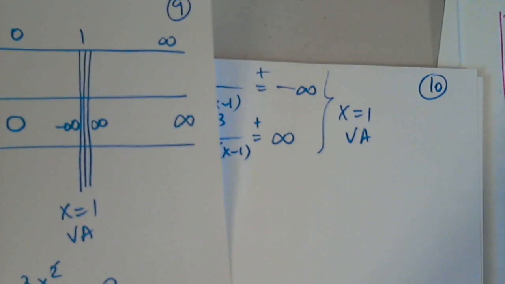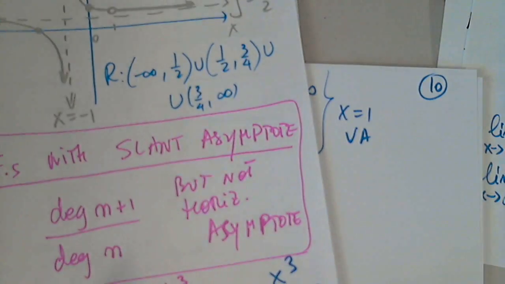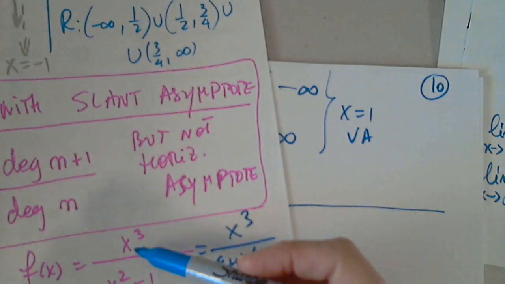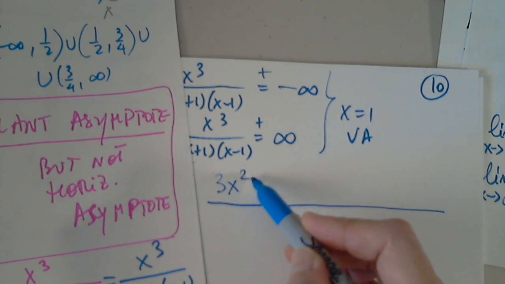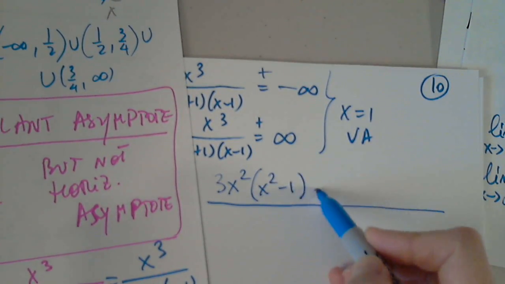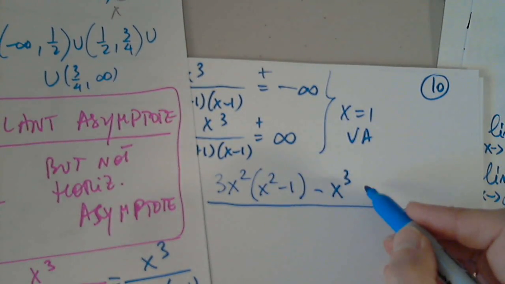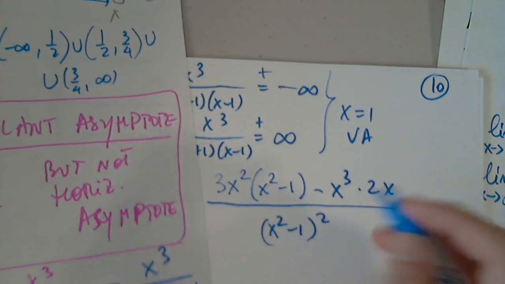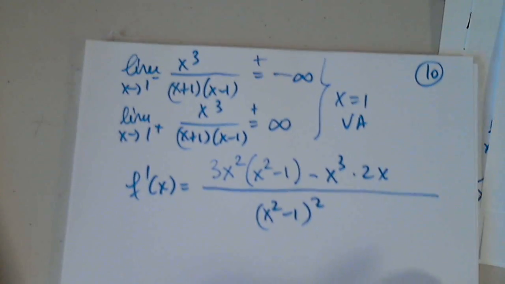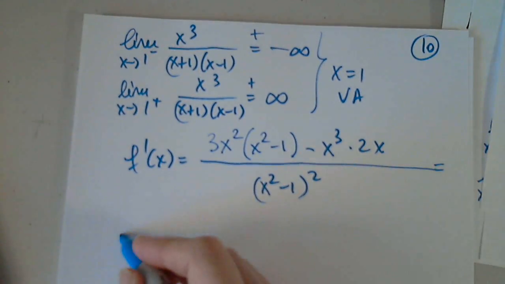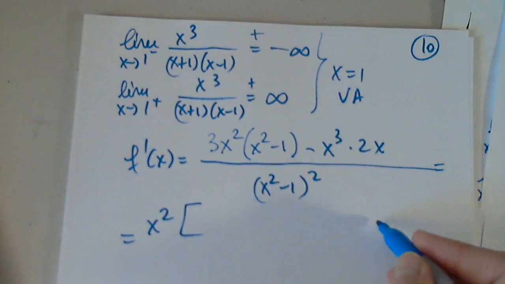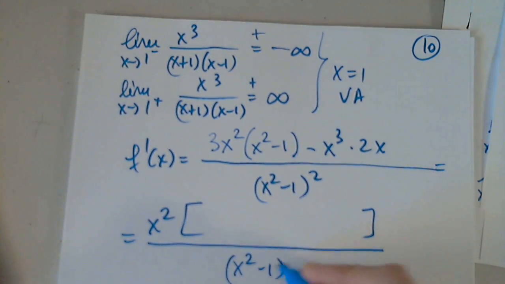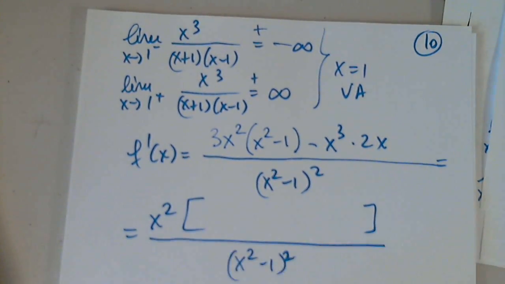Ugly situation. Of course, I'm going to use this. Let's see what we do with this. So this is 3x squared times x squared minus 1 minus x cubed times 2x, over x squared minus 1 squared. And yes, of course, I would factor out x squared. I refuse to not simplify by factoring.